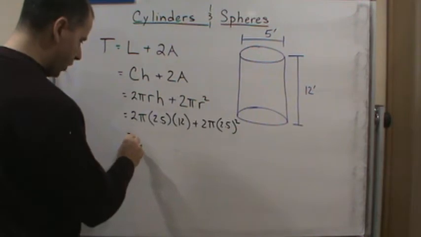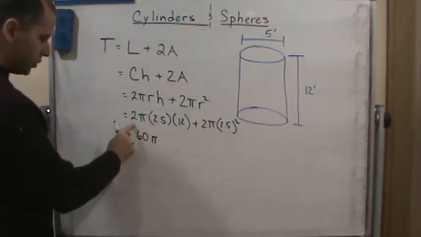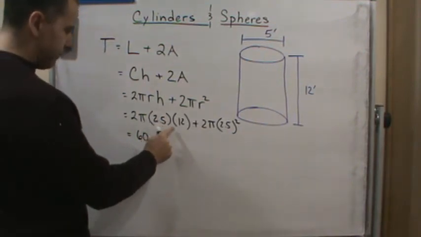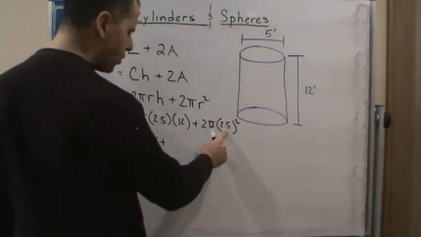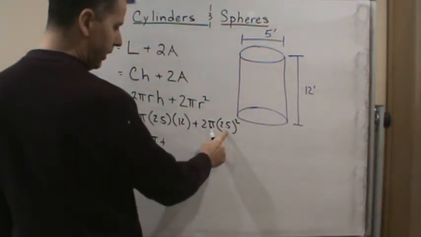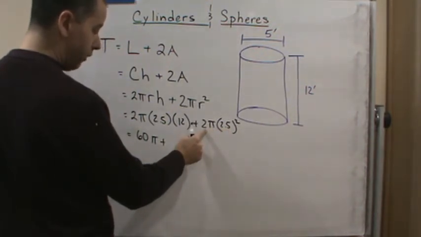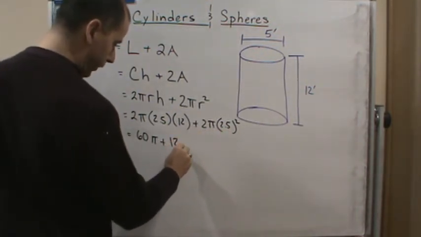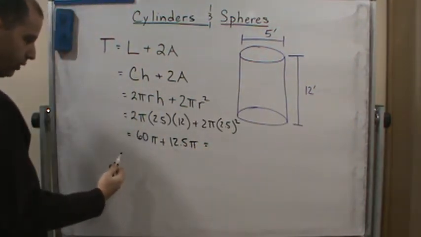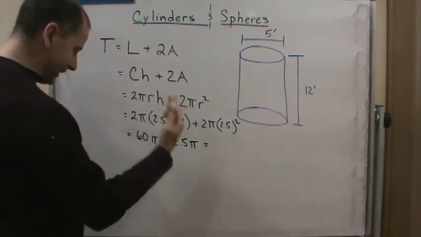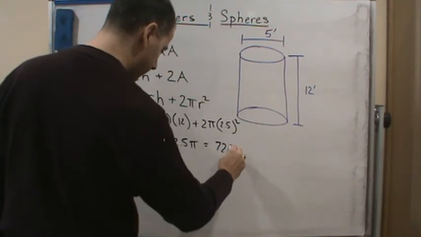This is going to be 60 pi, because 2 times 2.5 is 5, and 5 times 12 is 60. So I get 60 pi plus 6.25 times 2, which is 12.5, so 12.5 pi. My exact answer, mathematically speaking, is going to be 72.5 pi.